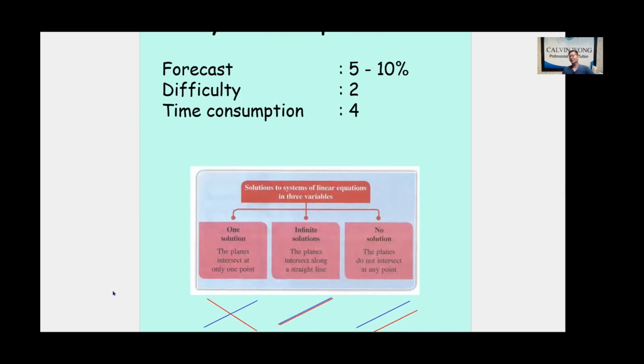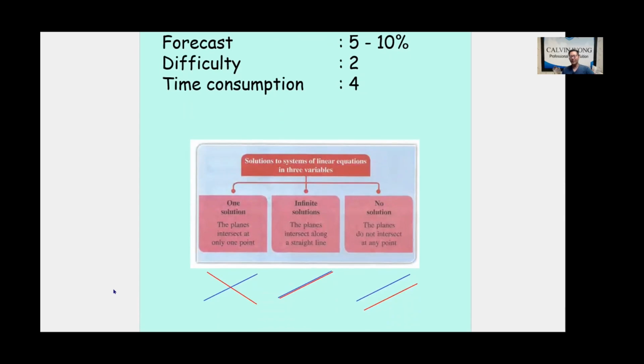So here, the only thing you need to be careful is whether you have one solution or infinite solution. That means you have unlimited solution. For example, y equals 2x plus 3, this straight line, and the second one is 2y equals 4x plus 6.